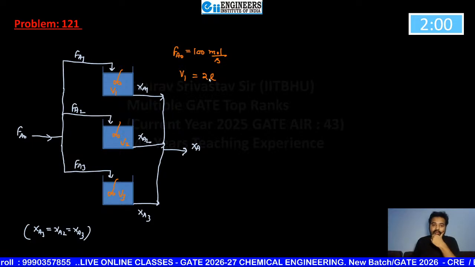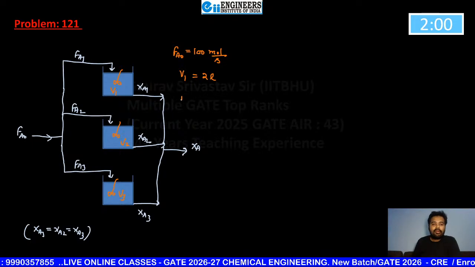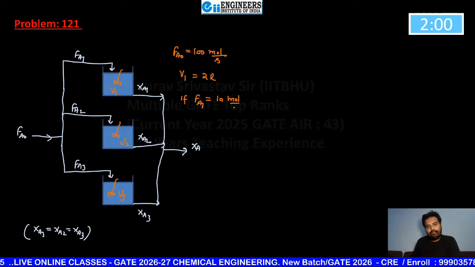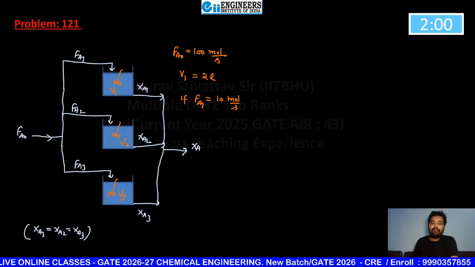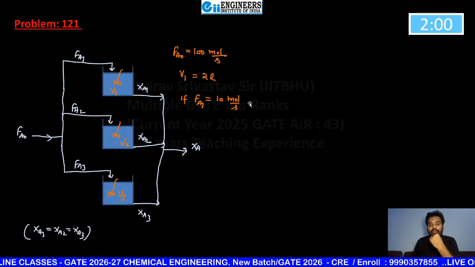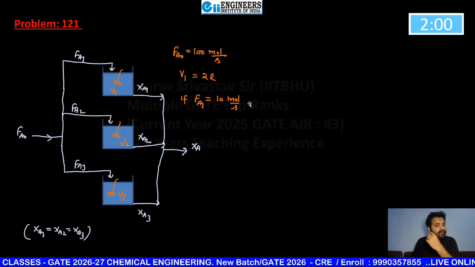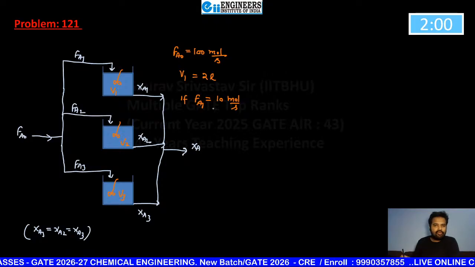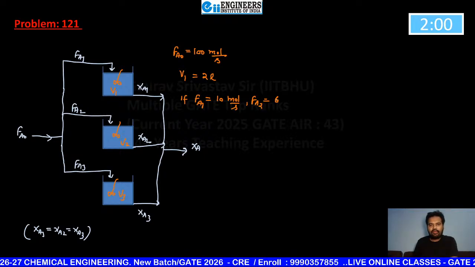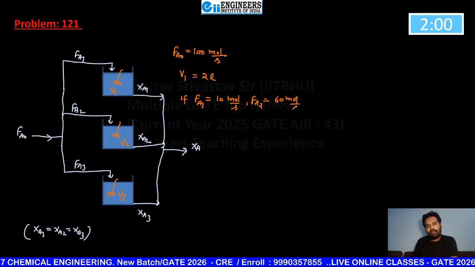Now, if FA1 is 10 mole per second, then you have to find FA2 and FA3. चलो यहाँ पे एक्स्ट्रा अननोन हो रहा है. FA1 is 10, FA2 suppose it is 60, चलो मान लेते हैं इसे 60 mole per second.